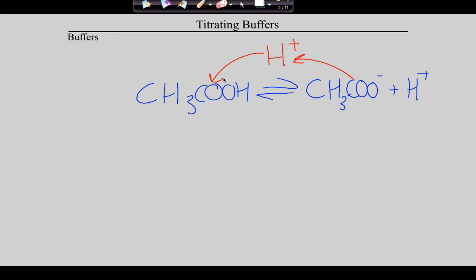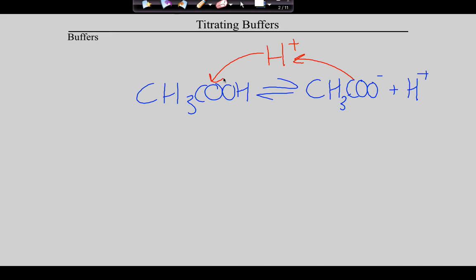Guys, this whole namby-pamby equilibrium game is no longer the chemistry that we care about. Now what we care about is every molecule of acid that we add, one of these dies, one of these gets formed, and if we keep adding acid, these die and these get formed, right? But then guys, what happens after we're done adding the acid? Goes back to equilibrium. Do you get the idea?